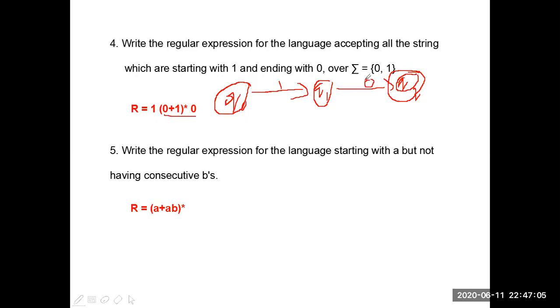Is it clear? Okay, 1 ... 0. Initial 1, final 0 will be there. In the middle, any number of 1s or 0s. How can we represent that one? In the middle, any number of 1s and 0s. If 0s came, what to do?